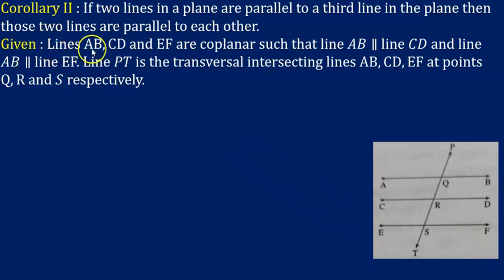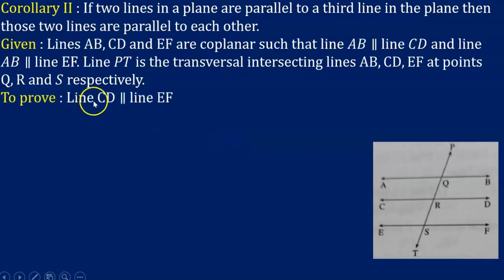See this here. The lines AB, CD and EF are coplanar, meaning they are in the same plane, such that line AB is parallel to line CD and again line AB is parallel to EF. This line PT is the transversal intersecting lines AB, CD, EF at points Q, R, S respectively.